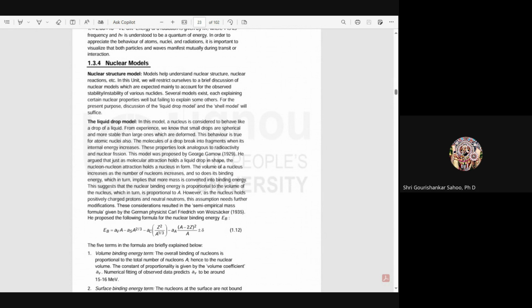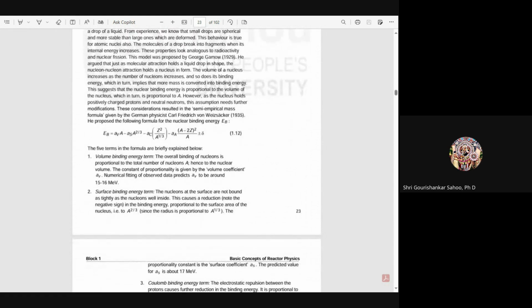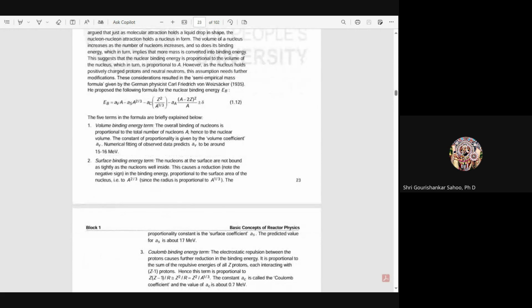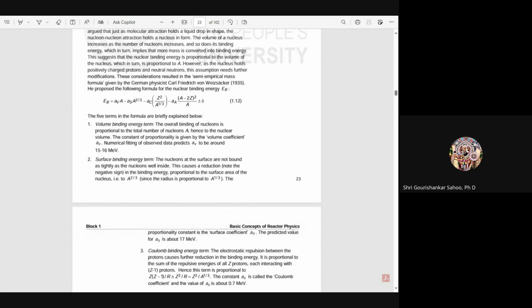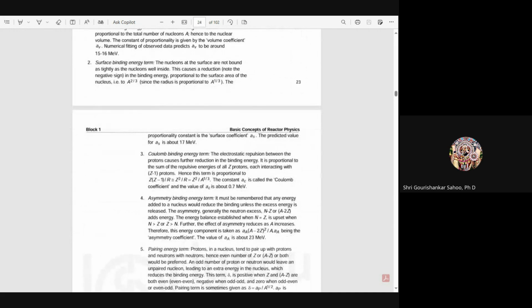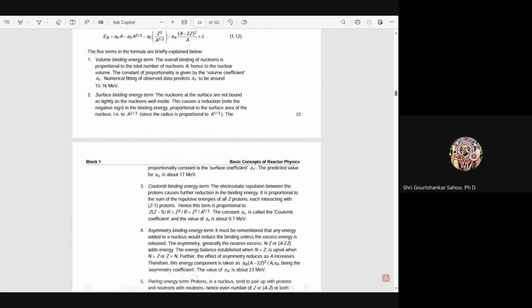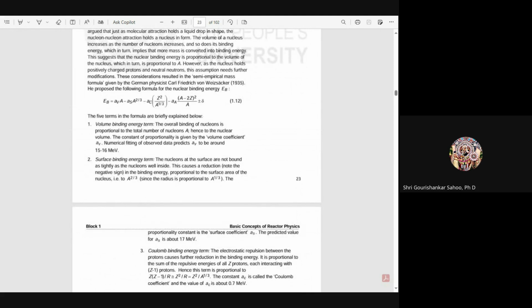And in the liquid drop model, the nucleus is considered to behave like a drop of liquid, and the nuclear binding energy E_B can be represented as a_V A, which is the volume binding energy term, then a_S A to the power 2/3, which is the surface binding energy term, subtracted from the volume term, then the Coulomb binding energy term, the asymmetry binding energy term, and the pairing energy term, which will give you the nuclear binding energy.